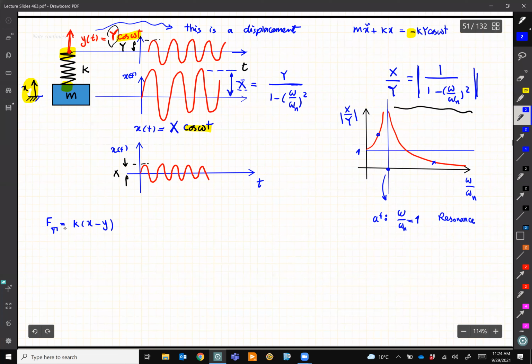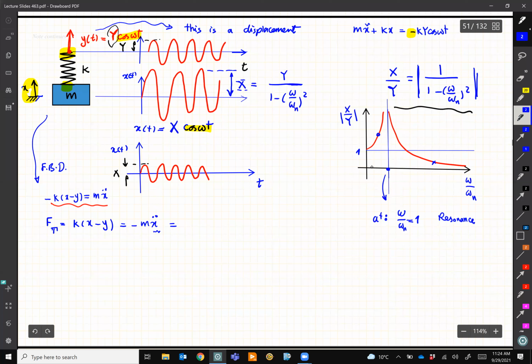So this is Ft, k(x minus y). And when we wrote the equation, if you recall, it was something like this. We said minus k(x minus y) is equal to m x double dot from free body diagrams, right? Last day when we discussed, we found the equation is like this. We then substitute this one by minus m x double dot.